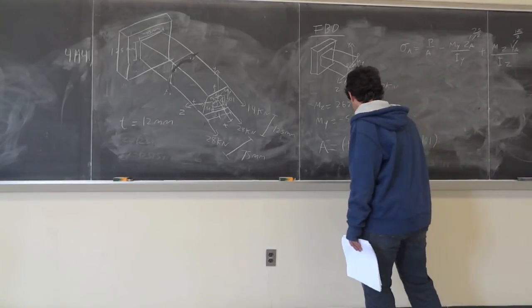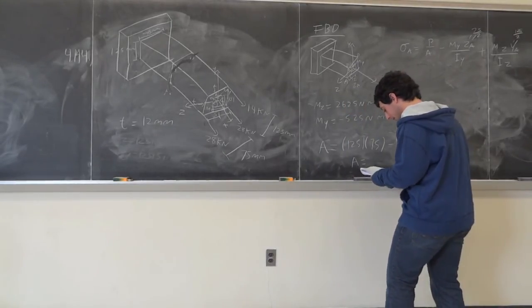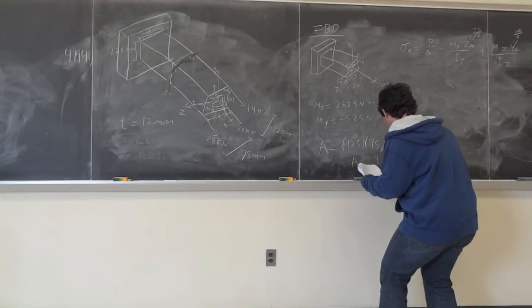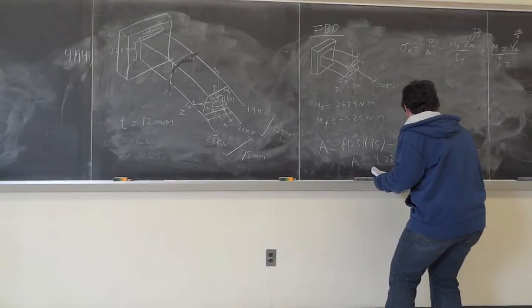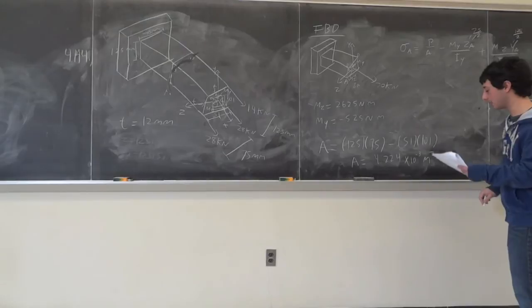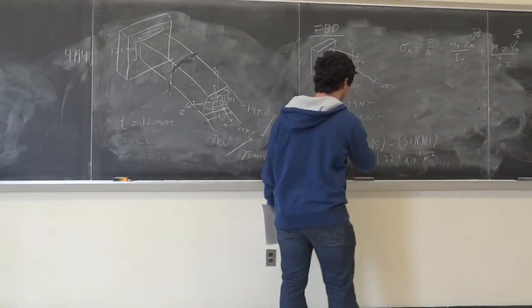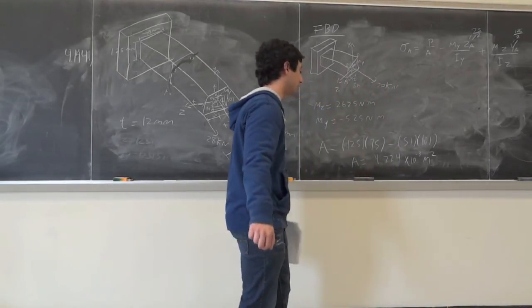Okay, so the cross-sectional area is 4.224 times 10 to the negative 3 meters squared. Okay. All right, so this is in millimeters. You'll get it in millimeters, and then you can divide by 1,000 squared to get meters squared.